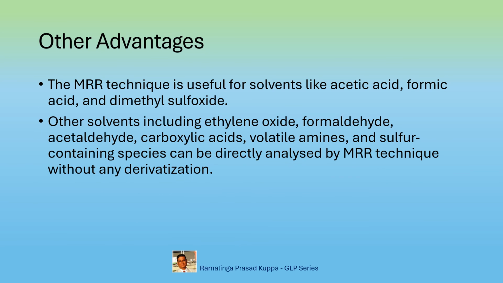Other solvents including ethylene oxide, formaldehyde, acetaldehyde, carboxylic acids, volatile amines and sulfur containing species can be directly analyzed by MRR technique without any derivatization. Here, derivatization into a volatile compound is not necessary. Also, necessary correction factor for derivatized entity may not be necessary.